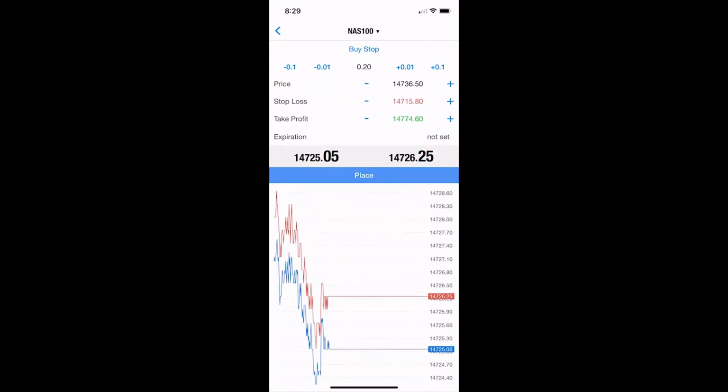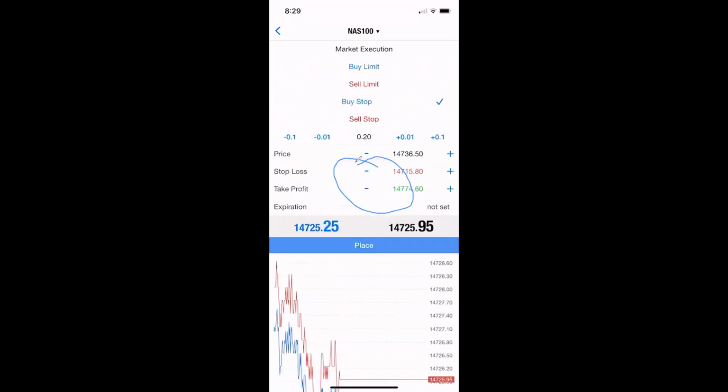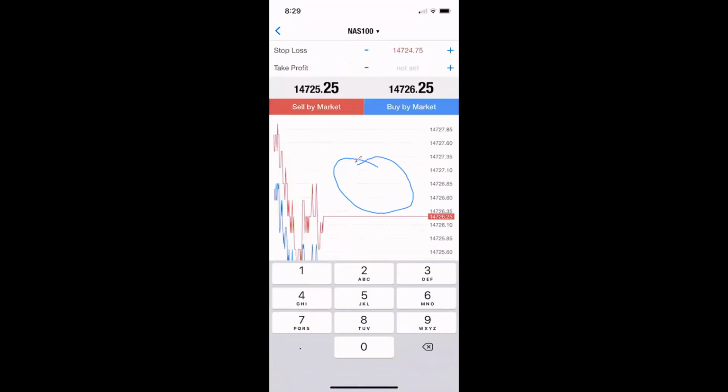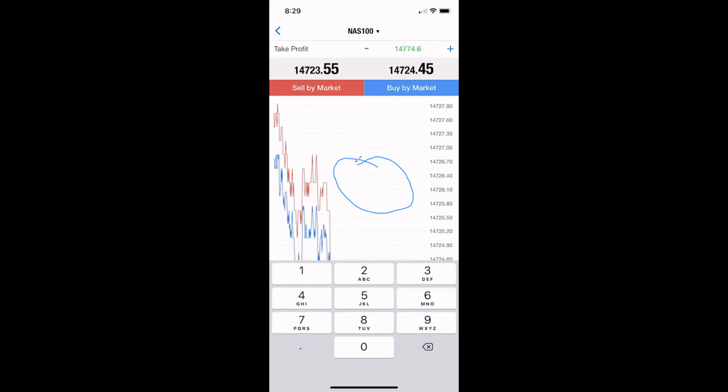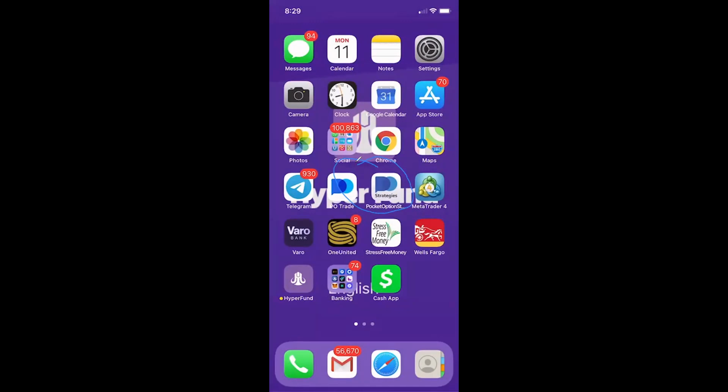That way, if price closes above or hits it, then we'll be in the trade. I might actually just go ahead and do a market execution. Let's do that instead. I've got a couple of reasons for it. 147.15.8, that's the stop, and then 147.74.6 for the take profit. And then I'm basically going to leave that there. And then we're going to see if the price gets to that point of close above, then we'll market execute, right?